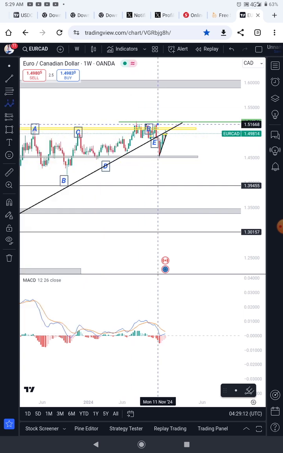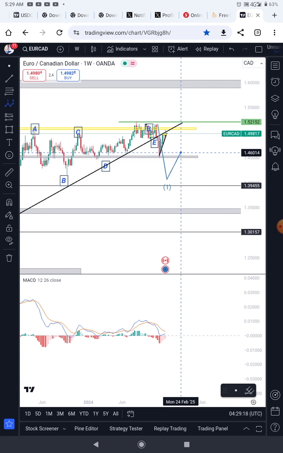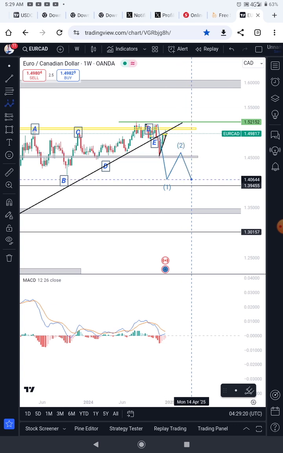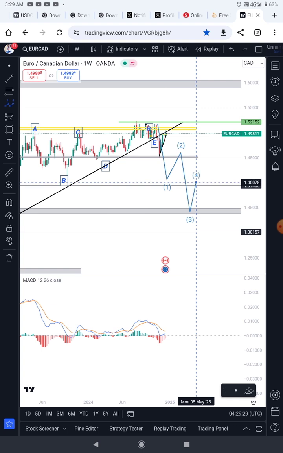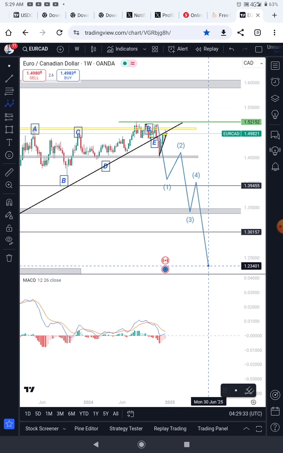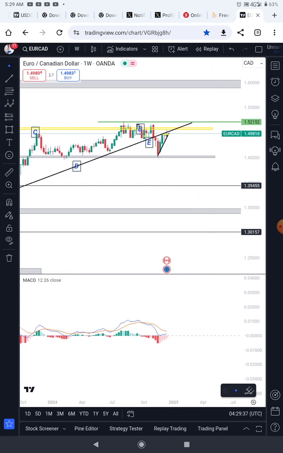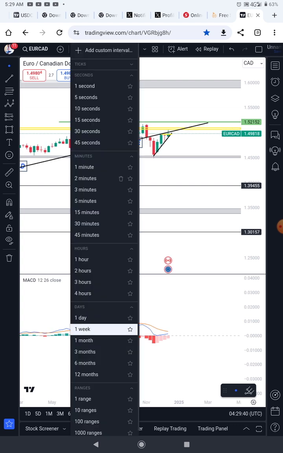If we break below here and retest this area, look for entry again, it will keep going that same way. If we pull back, for every pullback, look for entry again, all the way to take profit. Okay, so these are the two trade calls I have for you guys.